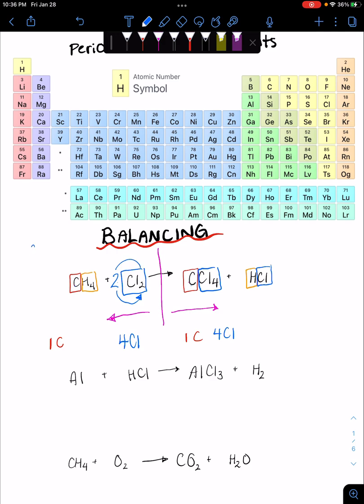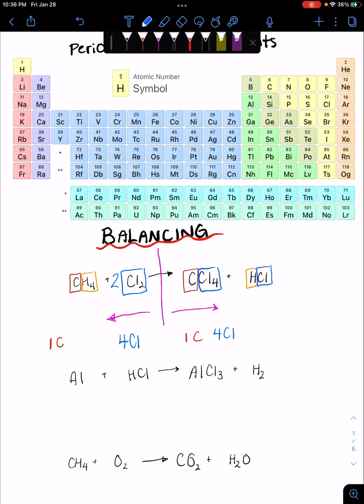So if that looked like this, we have this, and then 2 of these would mean we have 4, right? 1, 2, 3, 4. And on this side, what it would look like is that. So we have 1 of those, but we have 4 of the actual elements. So that's all good. We balanced out that one.